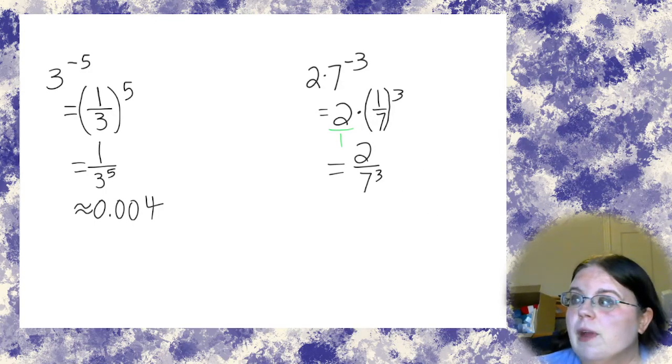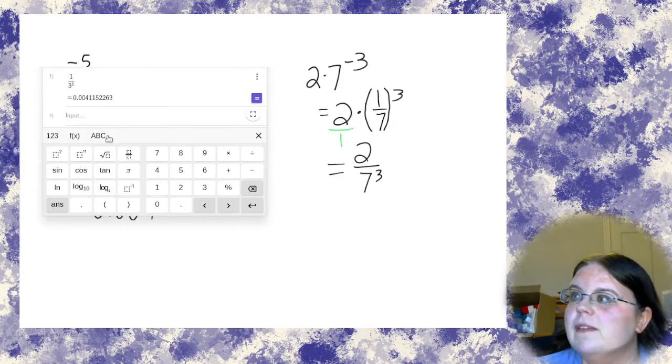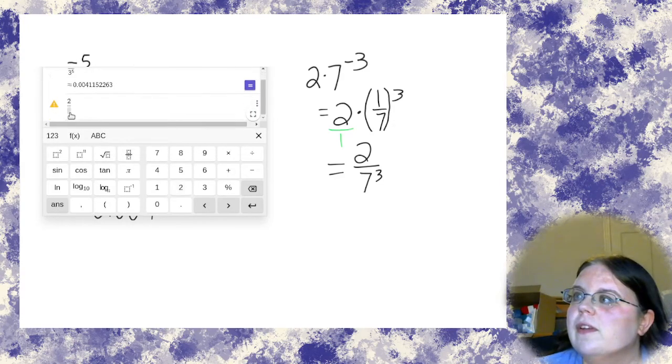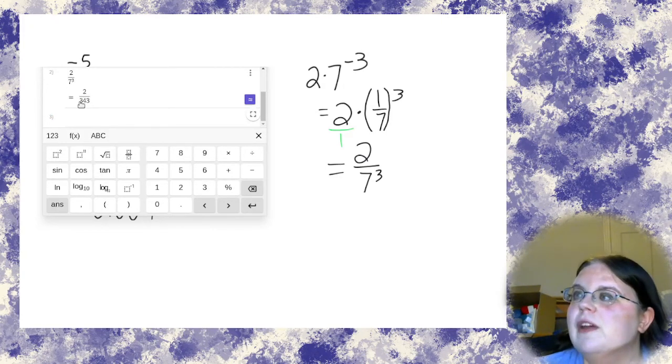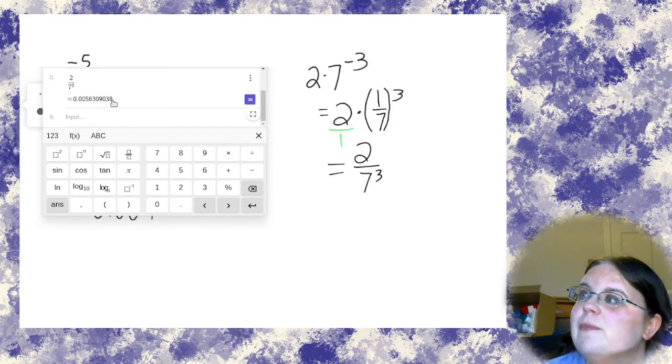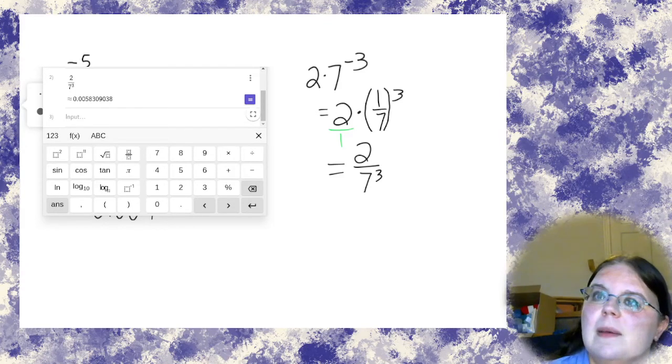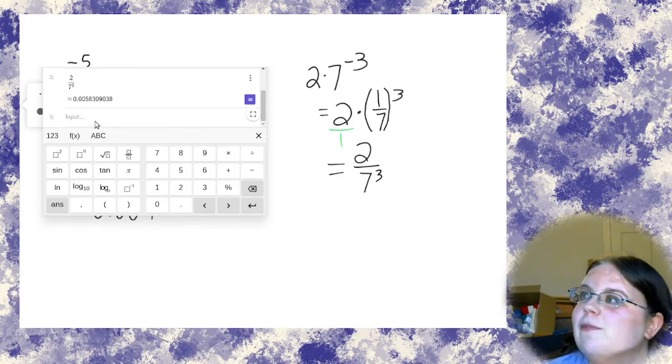But then we can go ahead and grab our calculators and say, okay, let's get a decimal estimate for 2 over 7 to the power 3. And that's exactly 2/343, so I did remember accurately, which is 0.00583, etc. It probably has even more decimal places than this, but we're not trying to write forever.